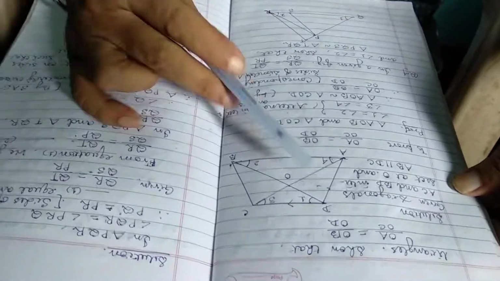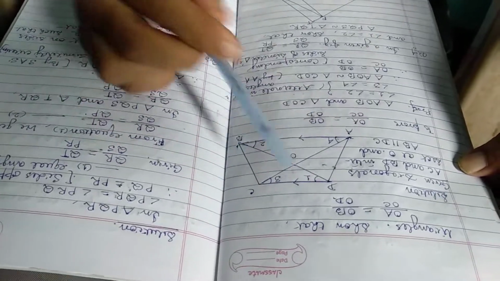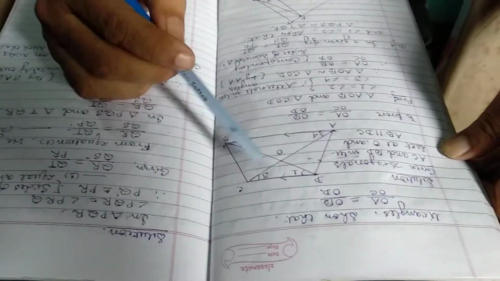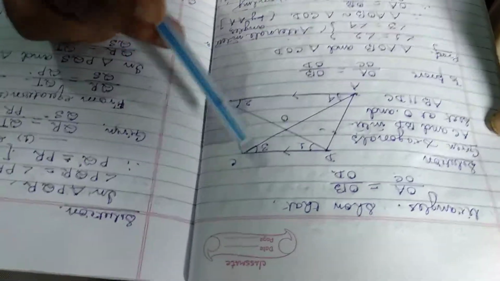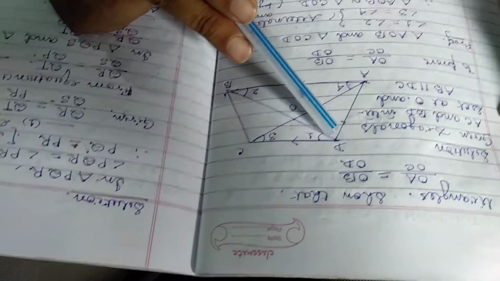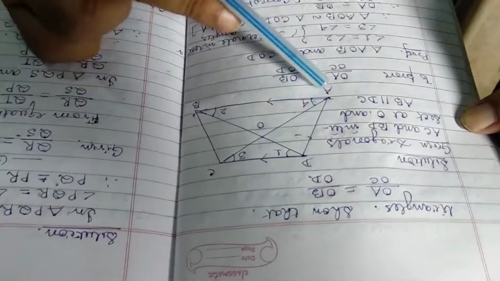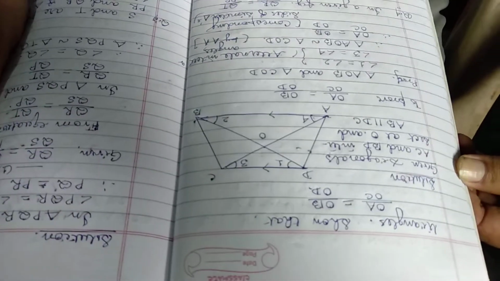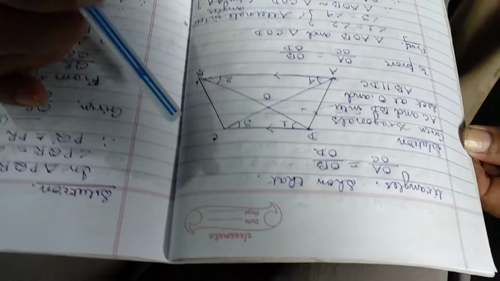Now, diagonals AC and BD, look at the figure. Diagonals AC and BD intersect each other at point O. Now we have to prove OA upon OC is equal to OB upon OD. Okay. Now you have to apply the similarity theorems from the figure as well as the question.